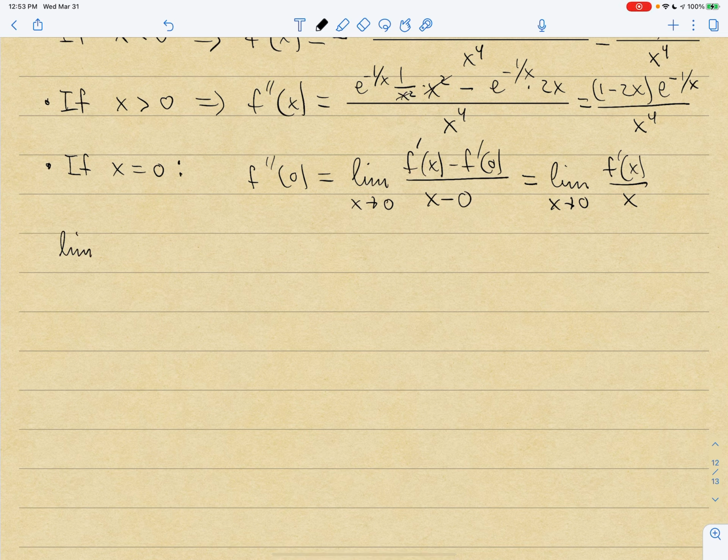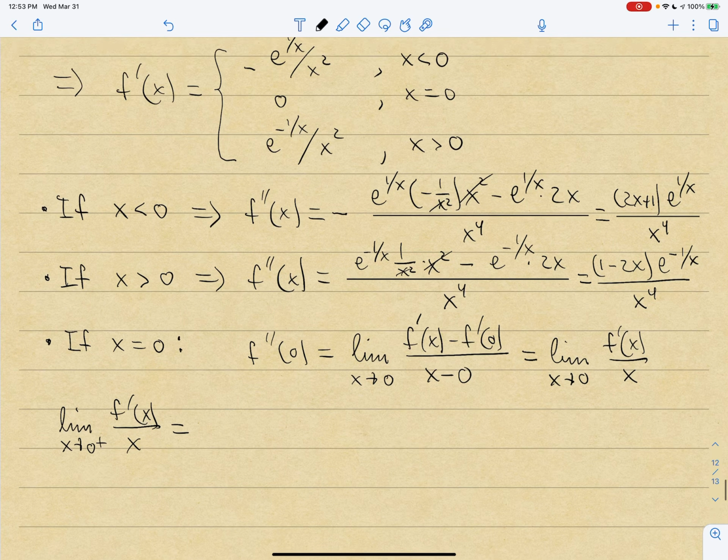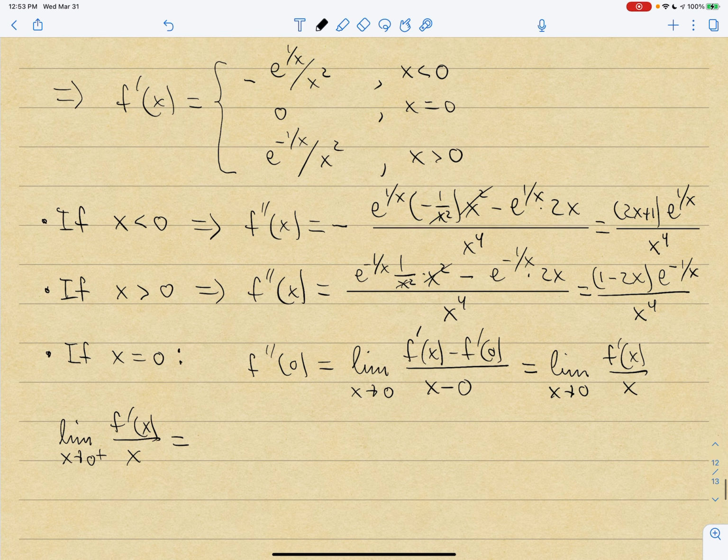So let's take the limit as x goes to 0 from the right of f prime of x over x. What is that? What's f prime of x when x is positive? It's going to be this expression.